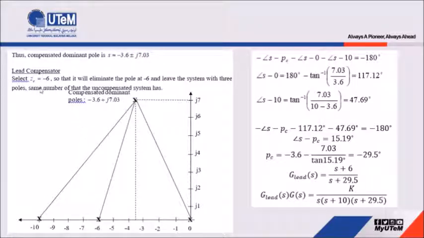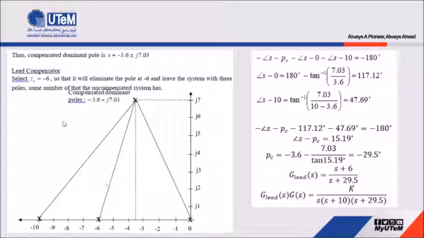In this case, we choose Zc equal to negative 6 so that this value can eliminate the pole at negative 6 and leave the system with 3 poles, the same number as the uncompensated system, when we put another pole into the system. This is because for a lead compensator, we have to add one pole and one zero to the system.